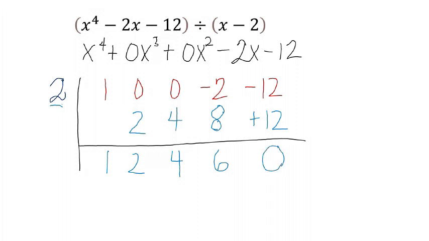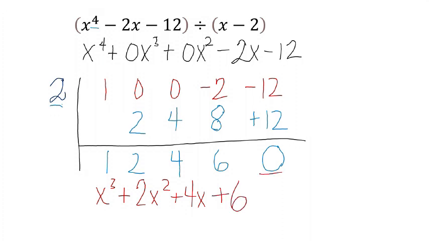Now we can write our answer, or our quotient, by applying the variable next to it. We go 1 less than the degree we started with. We started with 4, so this is going to be 1x to the third power plus 2x to the second power plus 4x plus 6. And since this is 0, we don't have a remainder.